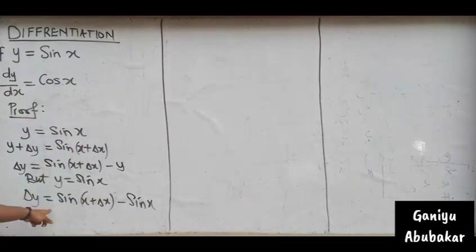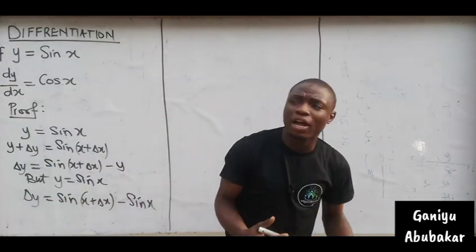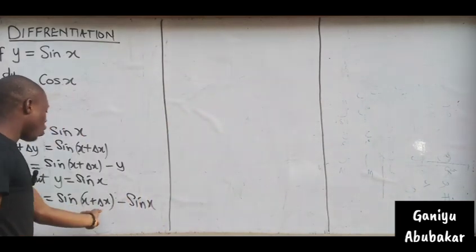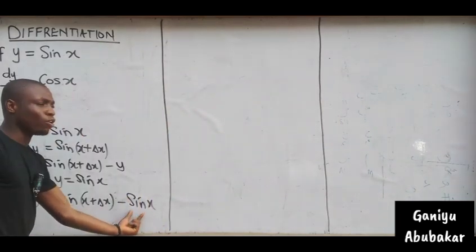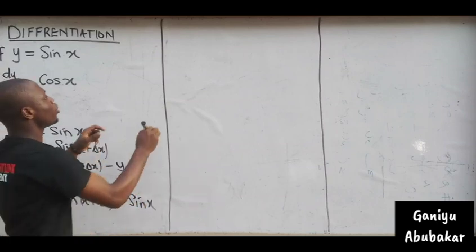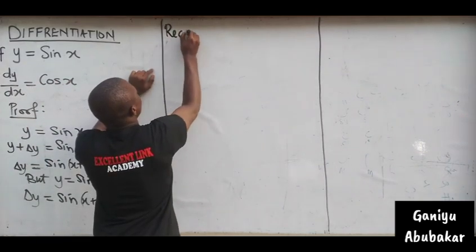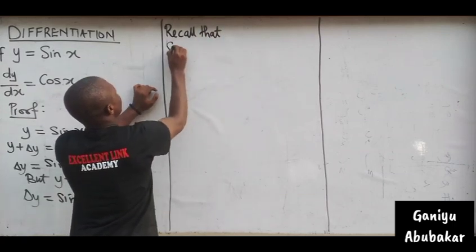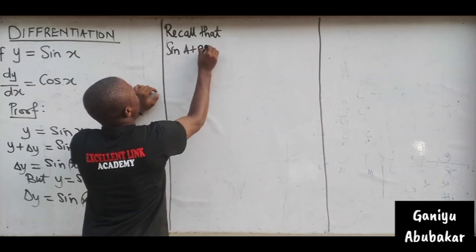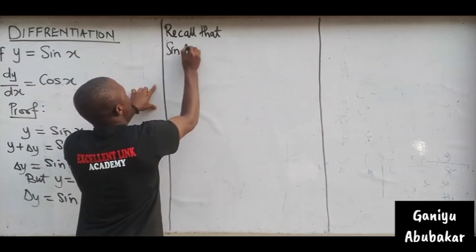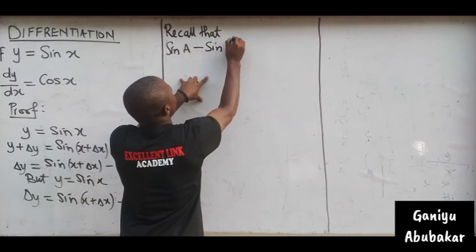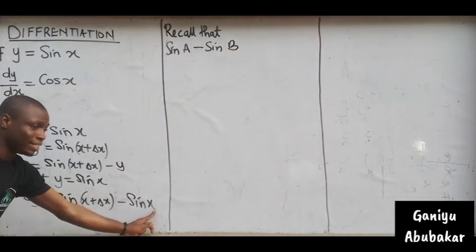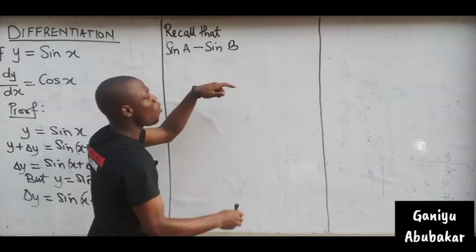Of course, at this point, I will call a popular trigonometry identity. Recall that if you have sine a minus sine b, for instance, sine of something minus sine of another thing, what will be the result?